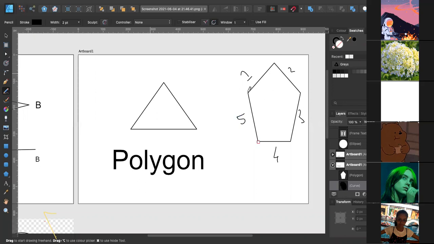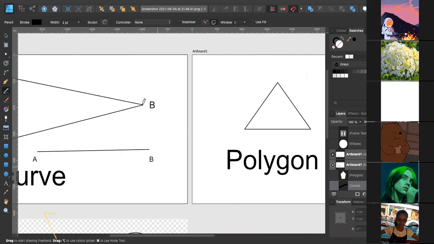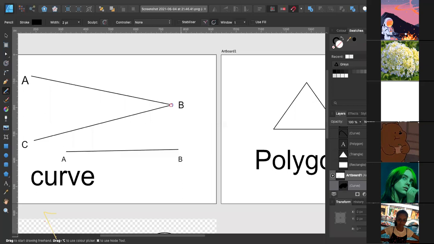So the points where these line segments are joining each other are called what? Vertices. The angles are inside. So this singular point where 2 line segments are joining each other is called a vertex, right? Ria, can you tell me what this point is? Here 2 line segments are joining.